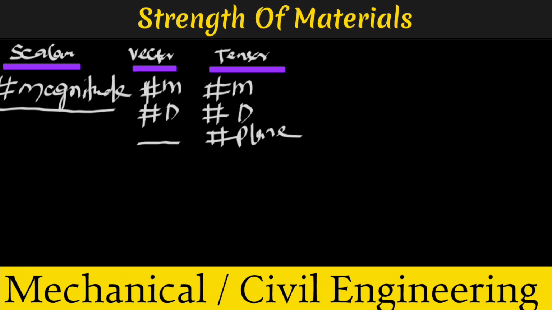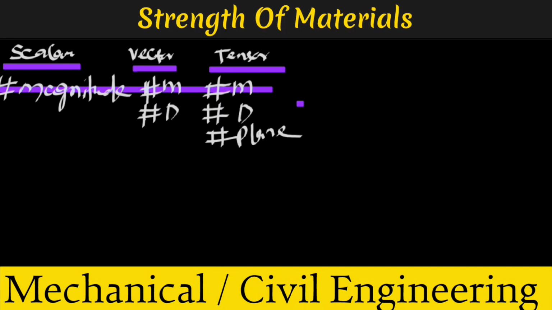M for the magnitude, D for the direction, and the tensor quantity has the magnitude, direction and also the plane. Okay, so here the magnitude is the same in all three.